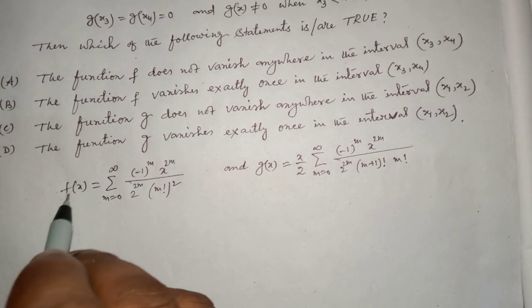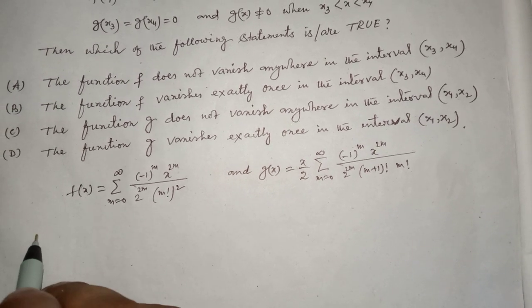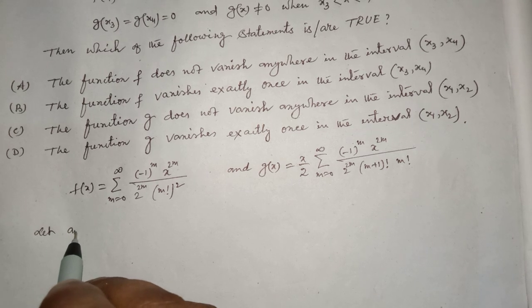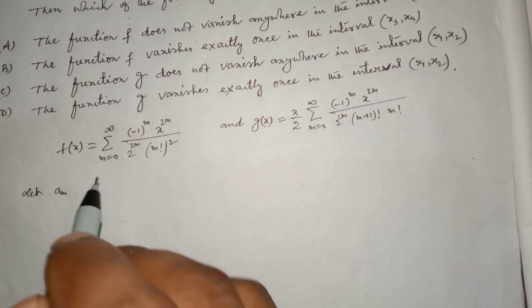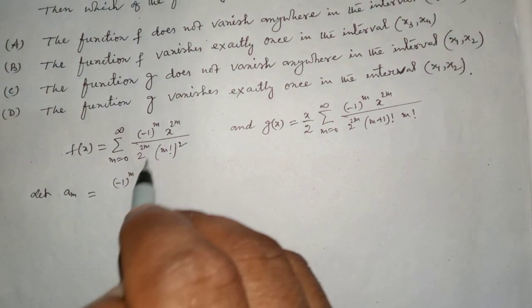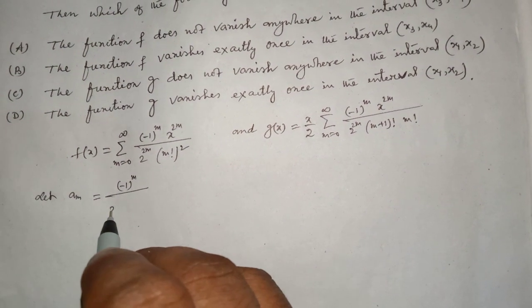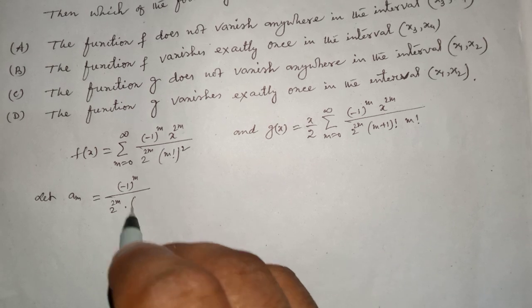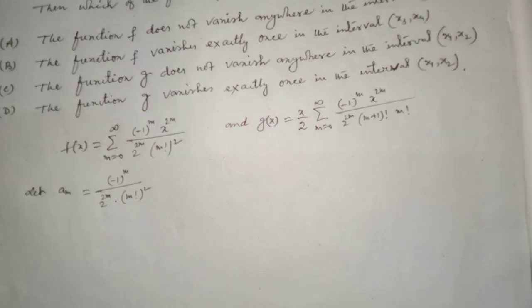So here for the function f(x), let a_m be equal to (-1)^m / (2^(2m) (m!)^2).